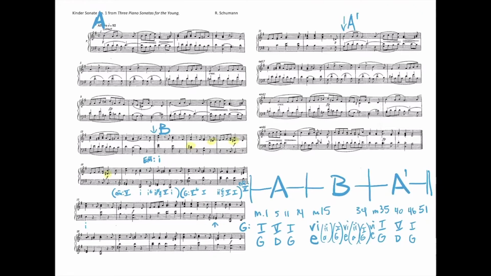The last thing I want to talk about is the internal structure of the A sections. Remember, this is a compound ternary form, meaning that the big sections have their own internal formal organization. Consider the A section. We have 3 parts, 3 phrases here. I label the first with an A. This comes back at the end of the internal A section here.